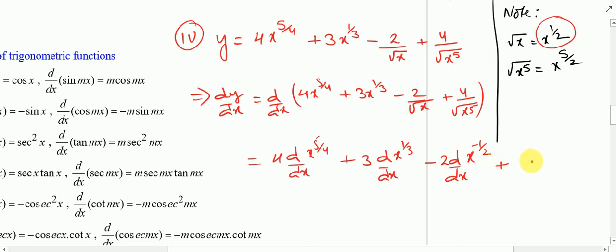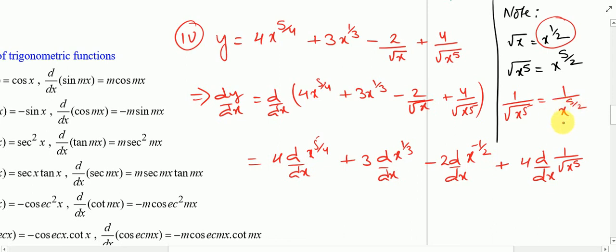Then plus 4 comes out, and then you get this 1 upon root x, 1 upon root x to the power 5. But again here you can see that root x to the power 5 can be written as this, x to the power 5 by 2.